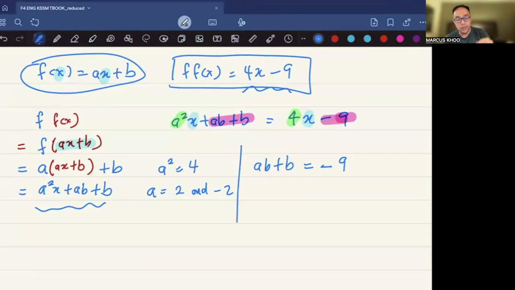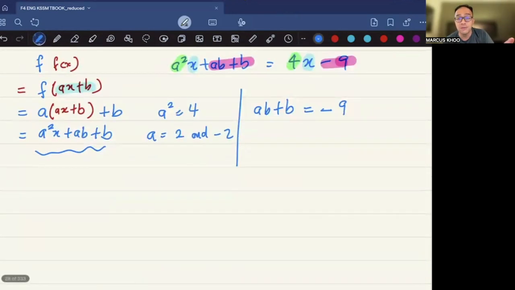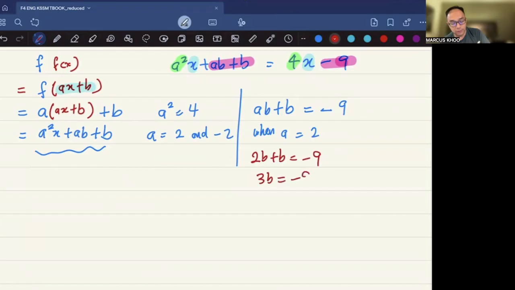So we have to find two sets of answers for b. When a equals 2, you're going to get 2b plus b equals negative 9, so 3b equals negative 9, so b equals negative 3. This is one set. You have to consider the second possibility that a equals negative 2, because there are two answers for a, so there must be two answers for b.